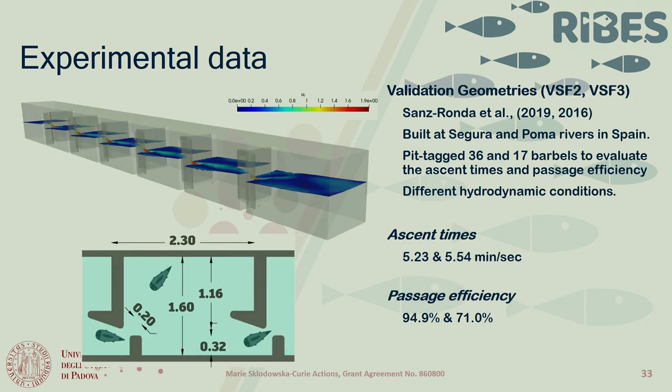And the validating geometry was this more complex, and I would say more realistic geometry, in which the University of Valladolid performed a lot of measurements on ascent times rather than spatial distribution. And we wanted to reproduce both ascent times and passage efficiency. We will see in the results how this came up.